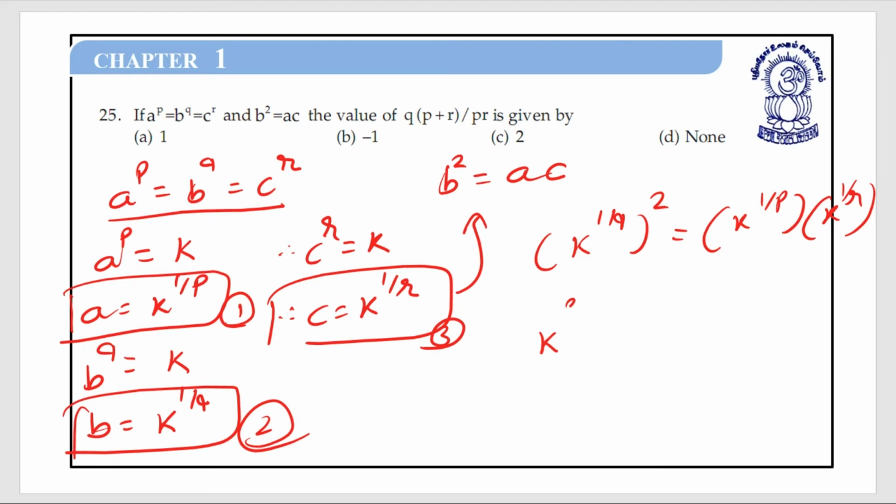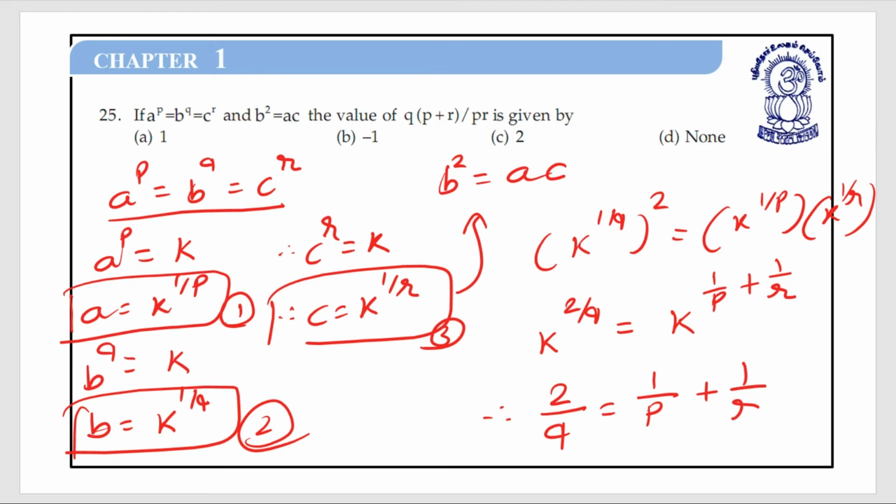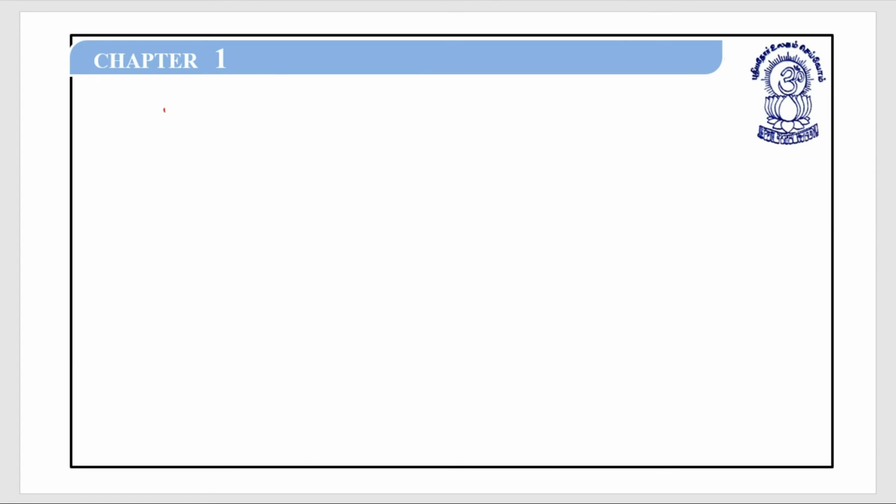So k raised to 2 by q is equal to k raised to 1 by p plus 1 upon r. So base same, 2 by q is equal to 1 upon p plus 1 upon r. So 2 by q is equal to (p plus r) upon pr.